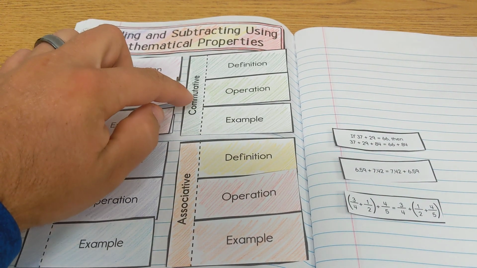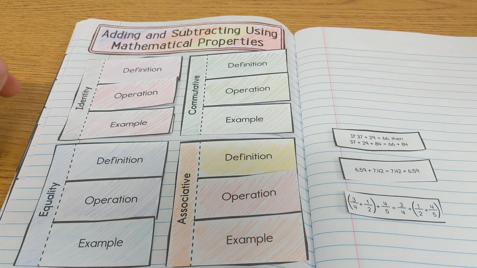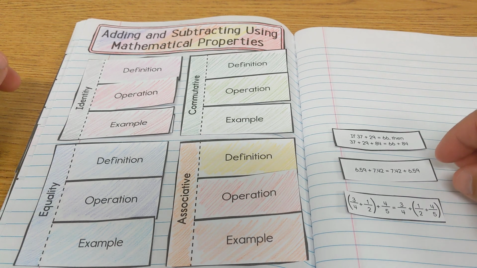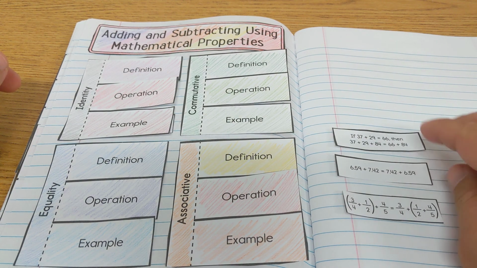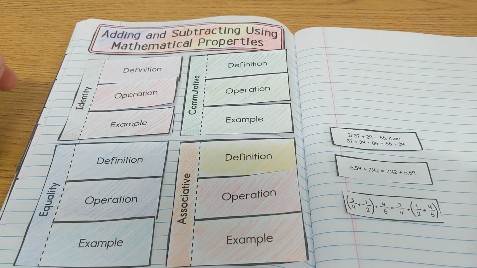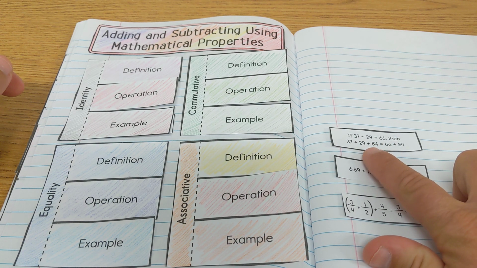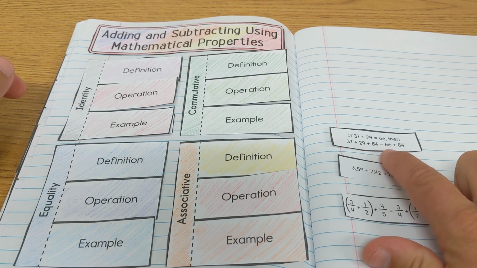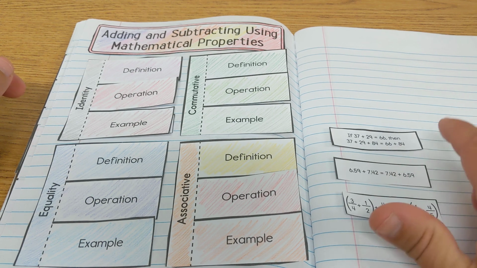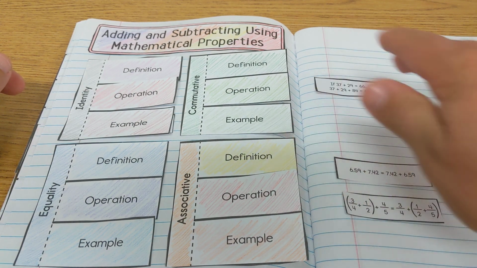All right, commutative property. The commutative property states, when two or more numbers are added, the sum is the same regardless of the order. So let's look. When two or more are added, the sum is the same. Well, this one, we're adding another number, so that's probably not it.